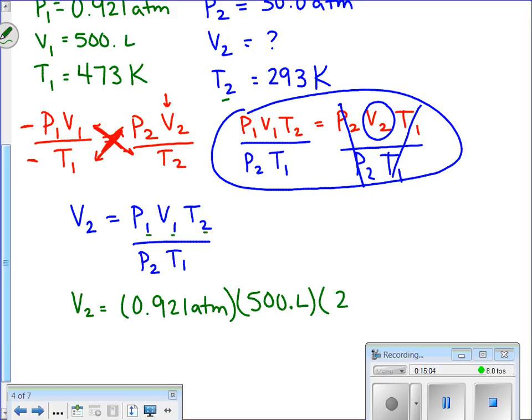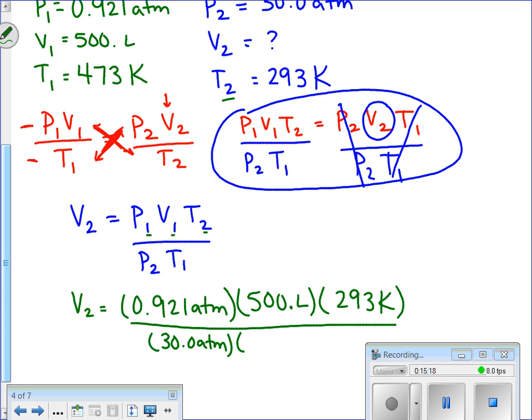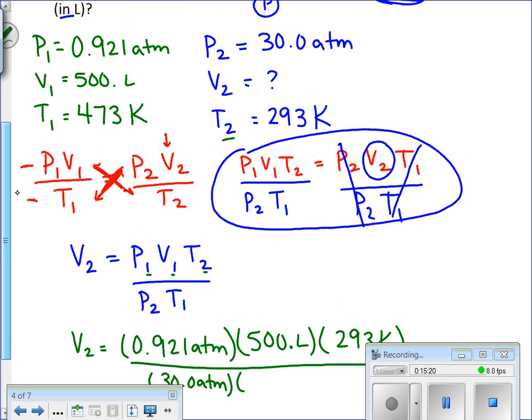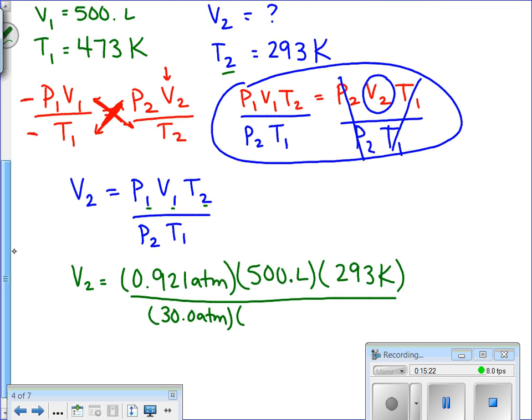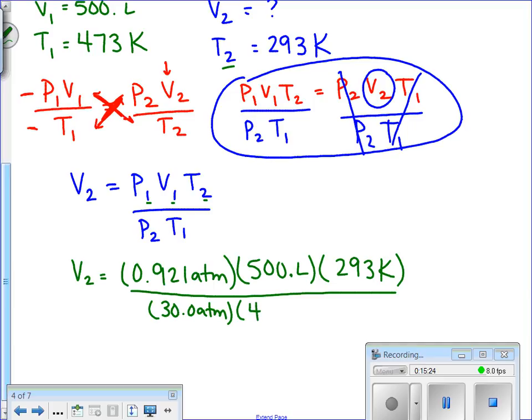So that T2 is 293 Kelvin divided by P2, which is 30.0 atm. And your T1, if we look back up here, is 473 Kelvin. Okay? If I were you, I'd multiply the top, multiply the bottom, and divide the top by the bottom.